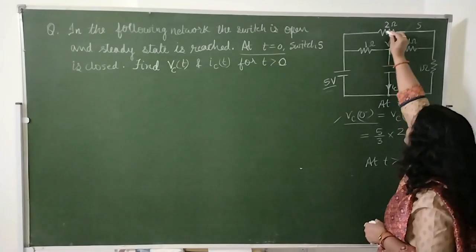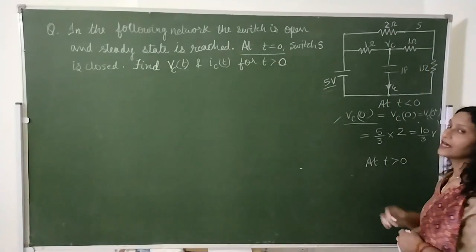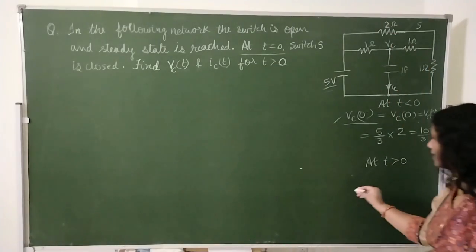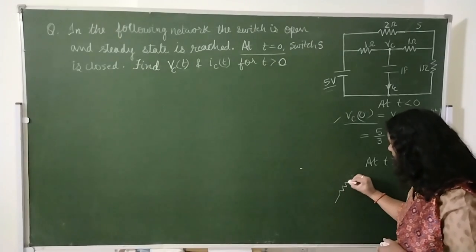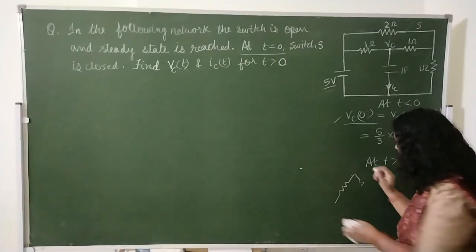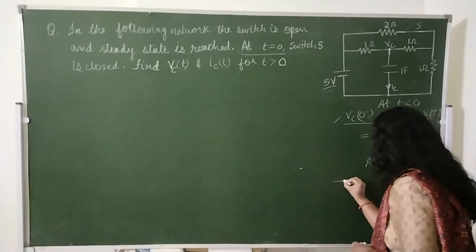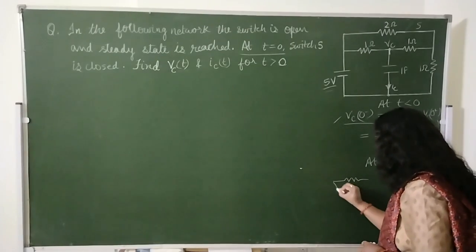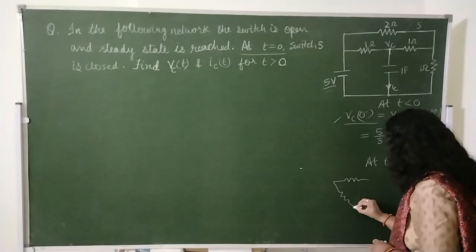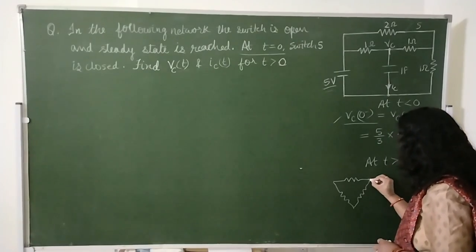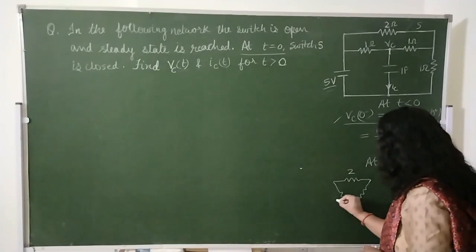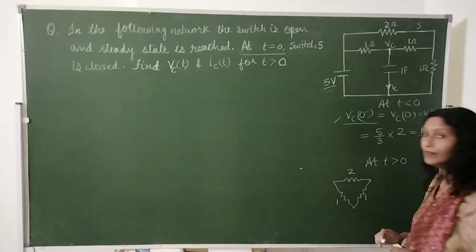First we can see that these resistances are connected in delta connection. So we will first convert this delta into a star network to simplify the circuit. These are 2, 1 and 1 ohm.